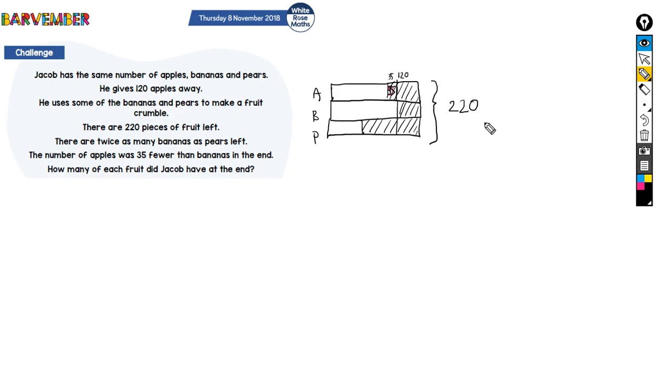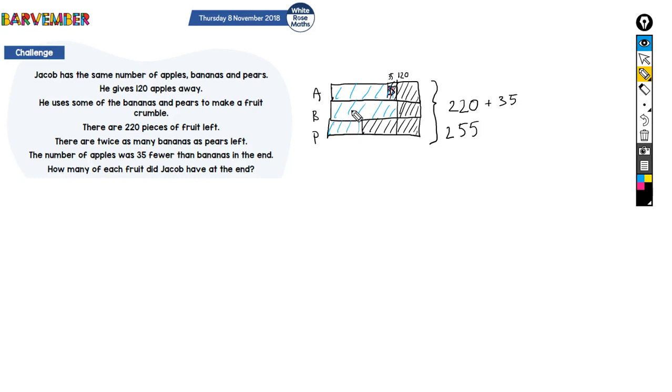So if I look at 220, if I added on that 35, I would then have all of this bit. So I'm going to add 35, which will give me 255. So 255 is all of this part, including this 35, which I can then use to find out what each of these parts is.